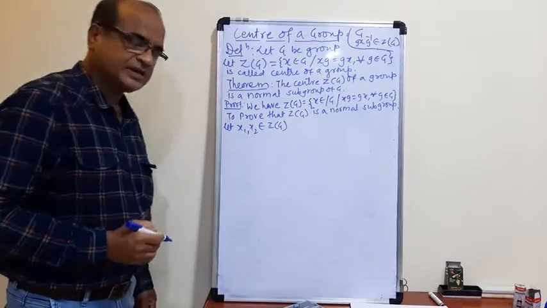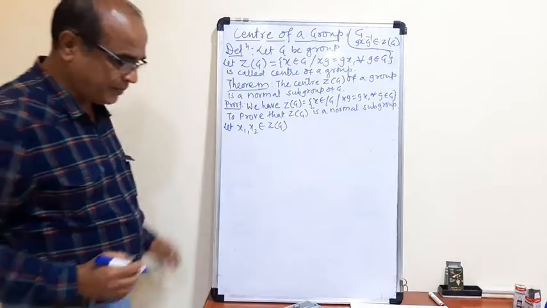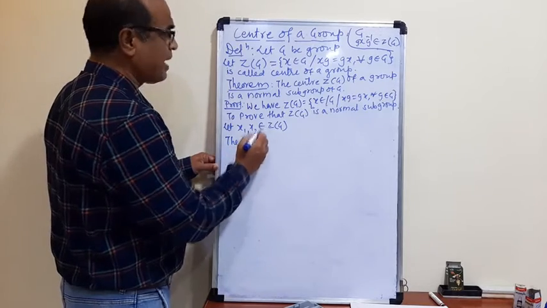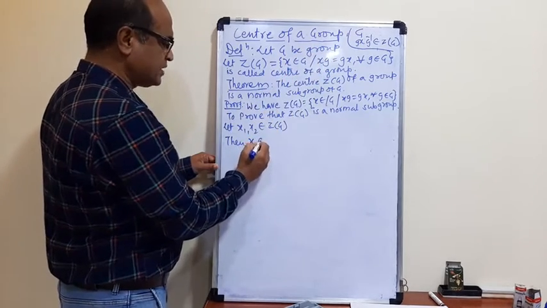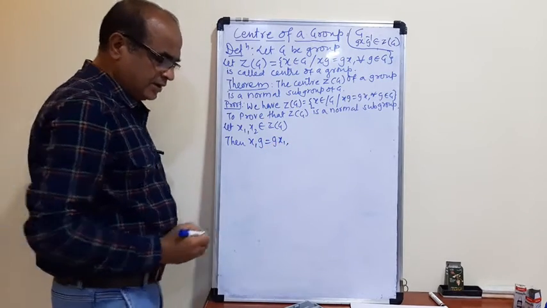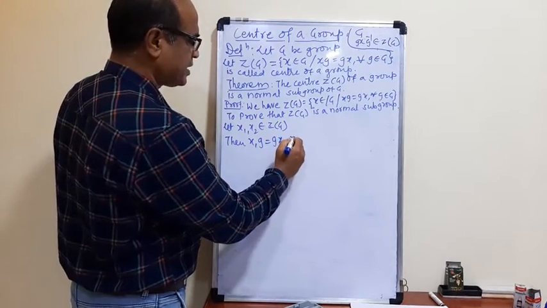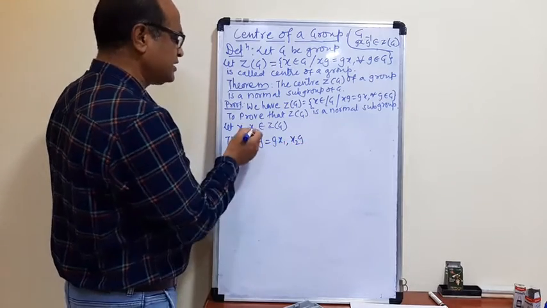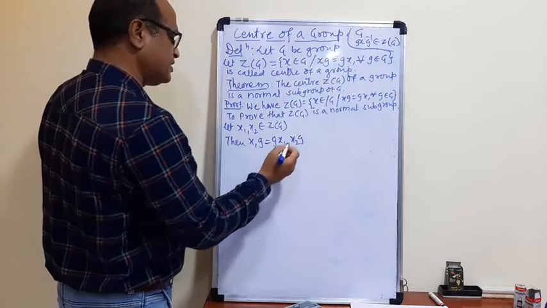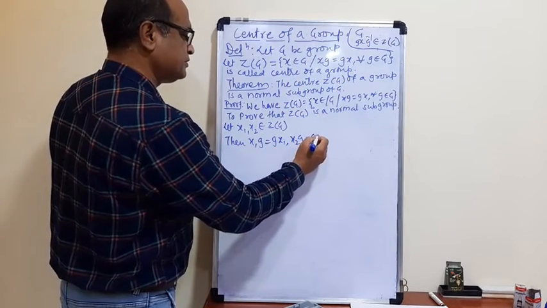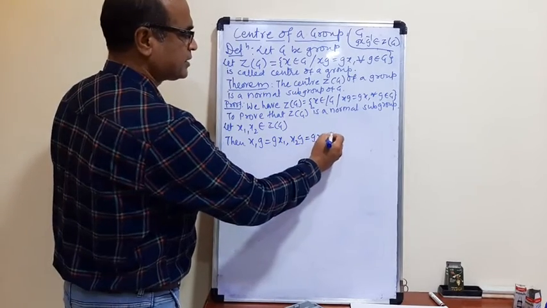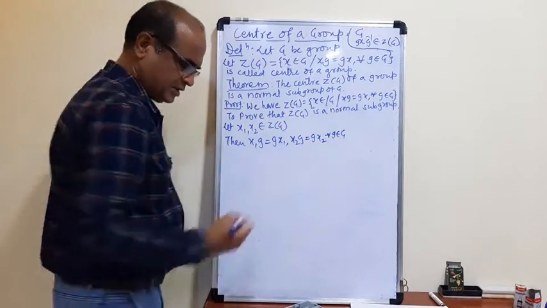Then by this definition, x1g is equal to gx1, and since x2 is an element of the center of the group, by the definition x2g is equal to gx2, for all g belonging to G.